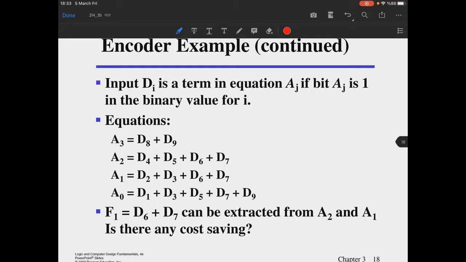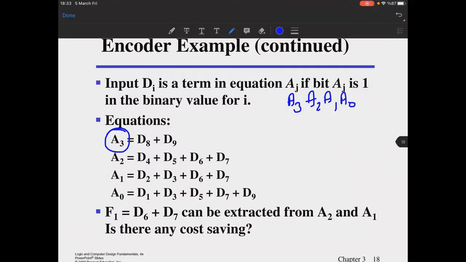I mean, your A3, in which situations will your A3 be 1, right? This is what you're thinking about. So let's write them together for all of them. A3, A2, A1, A0, right?